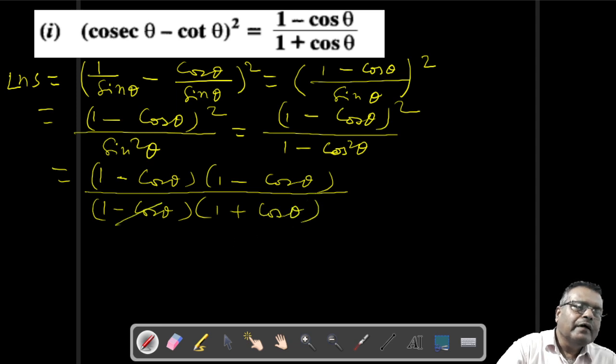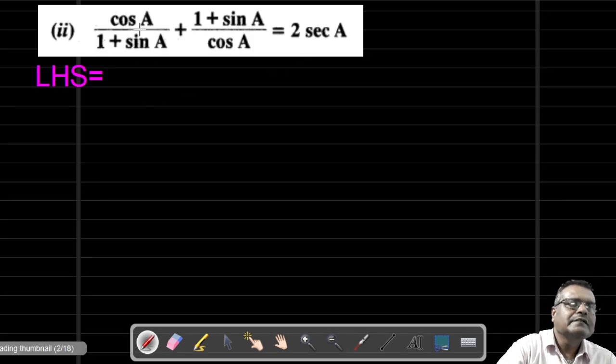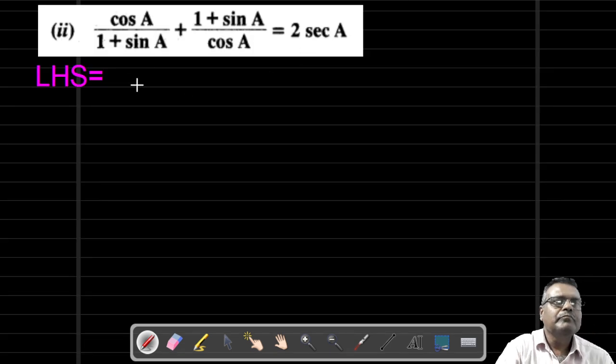So 1 minus cos theta is cancelled and you are having (1 minus cos theta) divided by (1 plus cos theta). This is RHS.